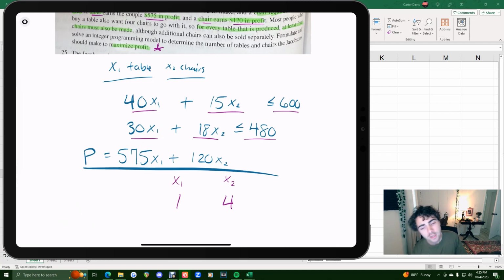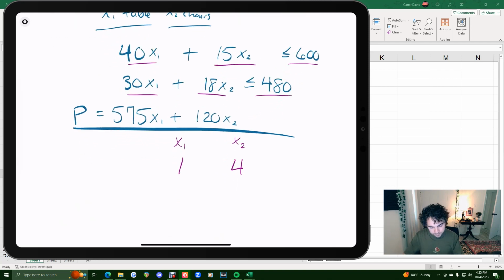We need to come up with some sort of inequality that relates these two in that manner. So for every 1 x1 that you sell, that's going to increase x2 by 4. And then on top of that, you can sell additional chairs without selling any tables.